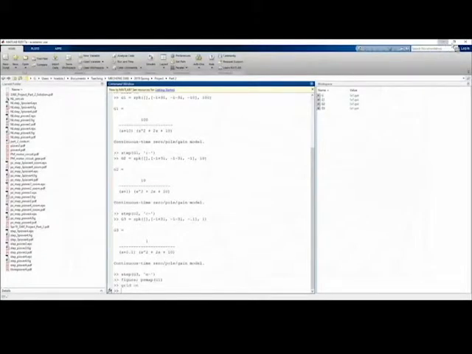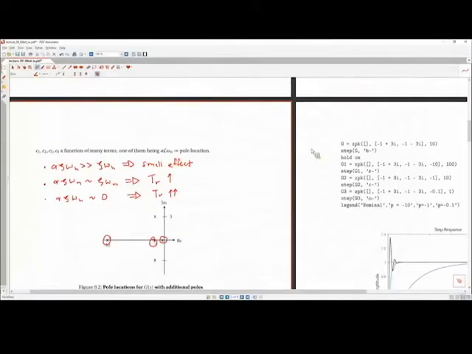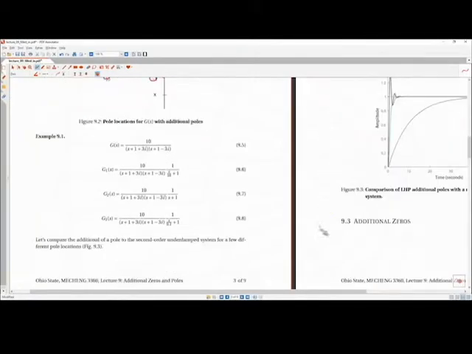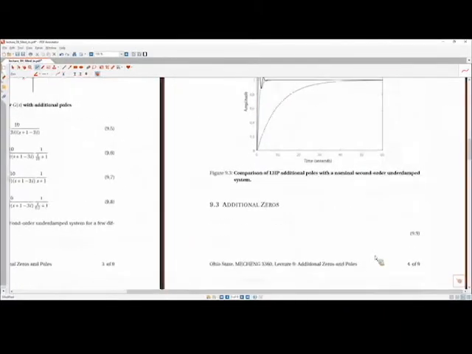Okay, so that was the addition of real poles. If we look at additional zeros, this is going to have a different effect, but the methods of analysis are pretty much the same. The easiest way to look at this is looking at this comparison transfer function in this form. So it's just rewriting the second order underdamped system.